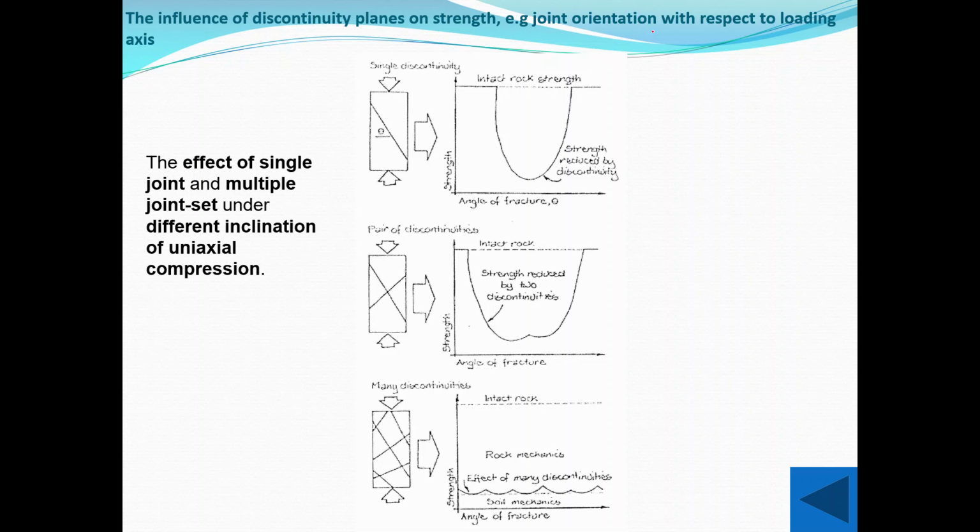For example, joint orientation with respect to the loading axis. Here is the effect of a single joint and multiple joints under different inclinations of axial compressive stress. This is the angle of fracture. This is a single fracture, and this is multiple fractures. If the fracture is at a low angle, the angle is 0, like this.